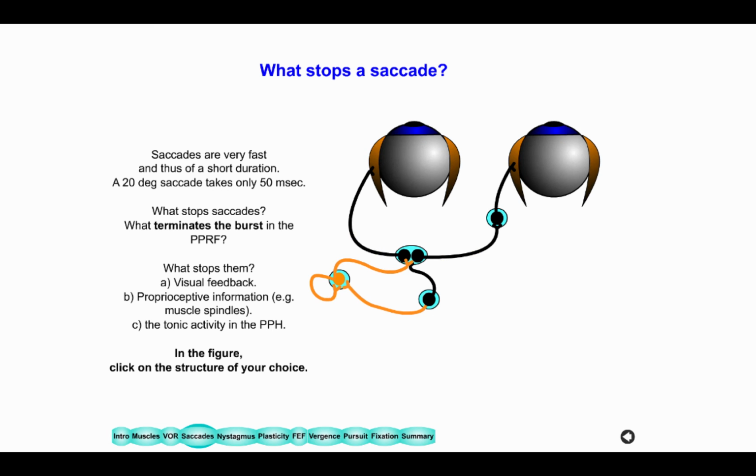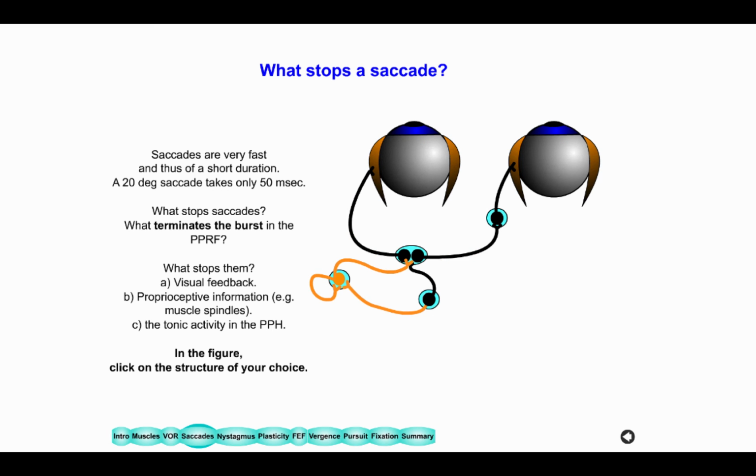Well, it could be that you've got sensors in your muscles that tell you. These muscles are like any other muscle. They've got spindles, and they tell you when you've reached the right target.